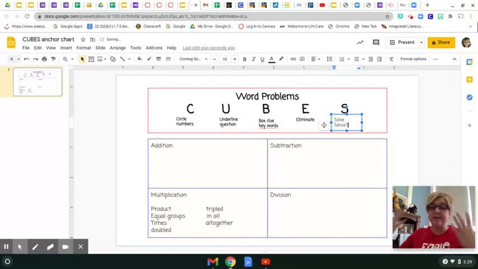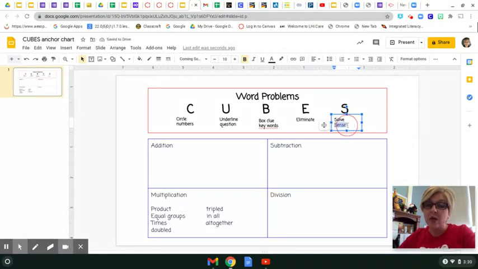Does my answer make sense? Is it logical? If I get a number that's way bigger than the numbers in my problem, then I know something's not right. I've made a mistake somewhere, and I need to go back and see if I can figure out what I've done. So it has to make sense.